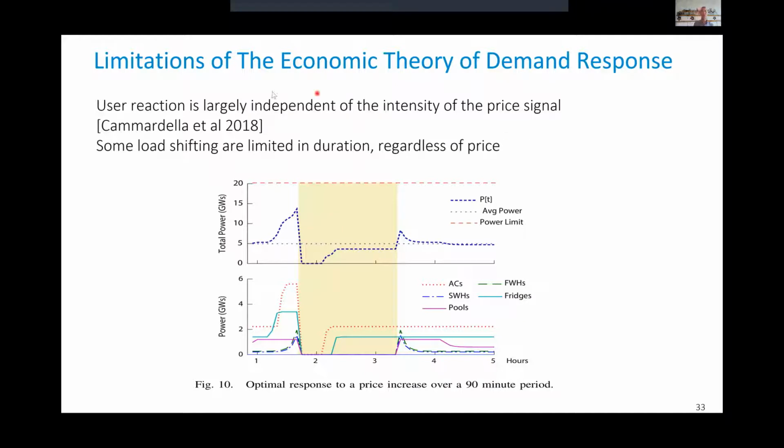So here you need not just a user model that assumes that a user is simply reacting as an instantaneous utility maximizer, but you may want to model, for example, the thermal load, the fact that the user is using this energy to do something, which is to bring an adequate temperature to a house or to an amount of water. And if that is the case, then you want to model the thermal load, not the user as a utility maximizer.